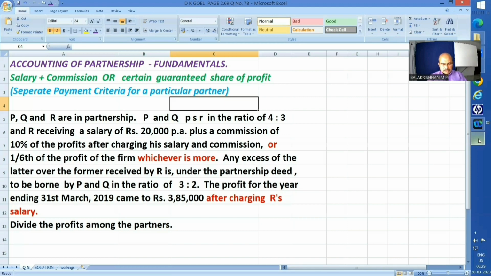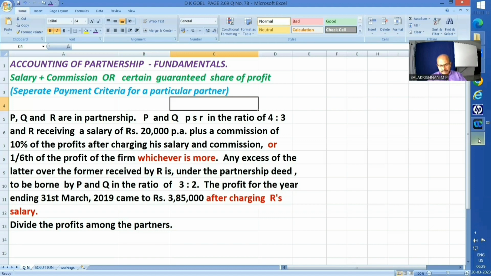And when he has to be paid under 1/6 PSR, the excess payable over the package, where the package consists of salary plus commission, that excess amount, whatever is payable, is to be borne by the old partners in a different ratio, 3:2.